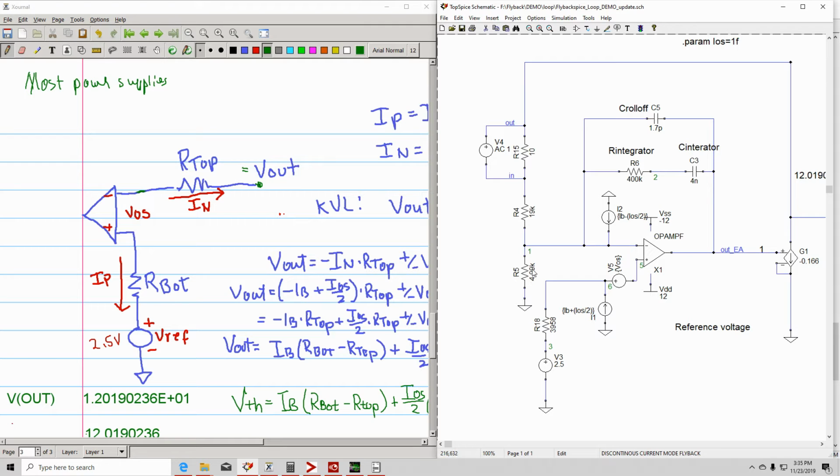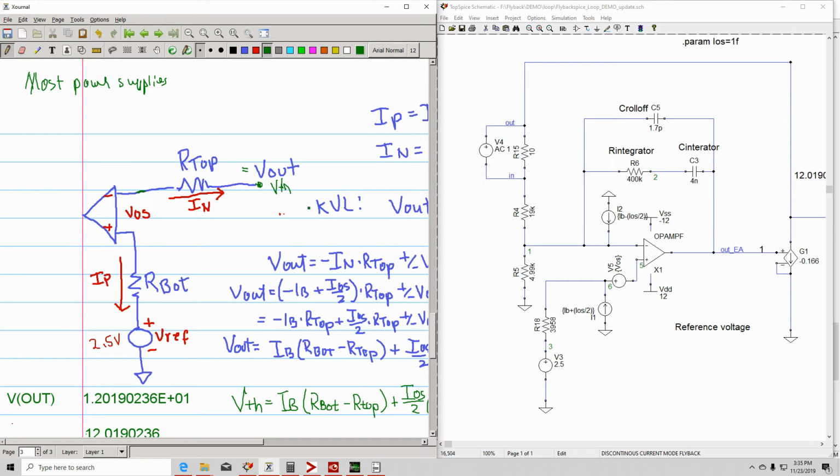Now, if you notice, you have a voltage divider network, and this is V out. You can think of this point as this point, although it's not really. In this case, this is VTH. There's a relationship between VTH and V out, but I'll show that relationship.